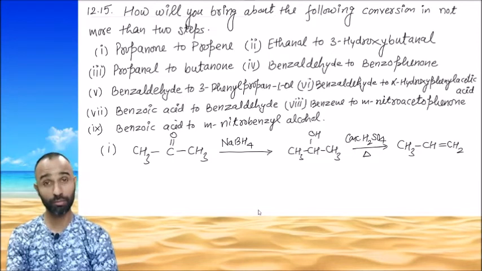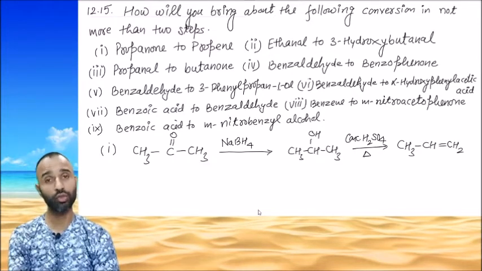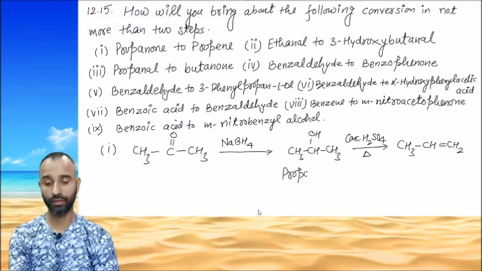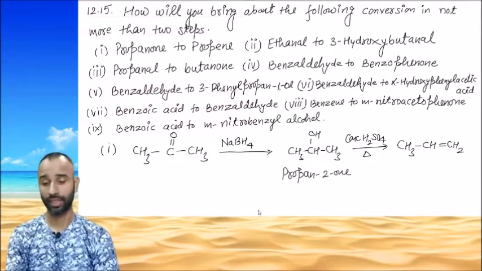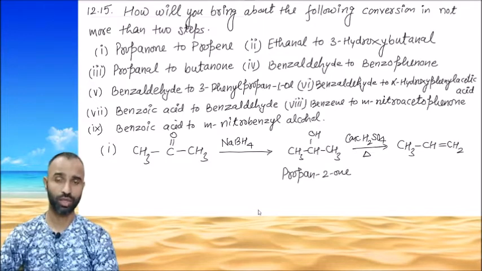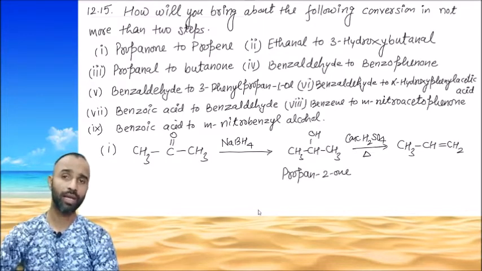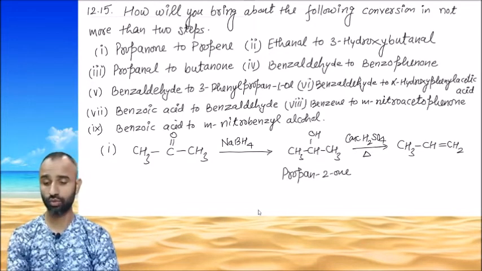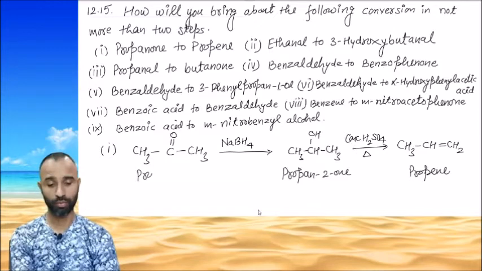It becomes very simple because we know we can convert propane 2-ol into propene by, but what is this? Beta elimination. What is this? Beta elimination, right? So by using this beta elimination, we can easily convert propanone.